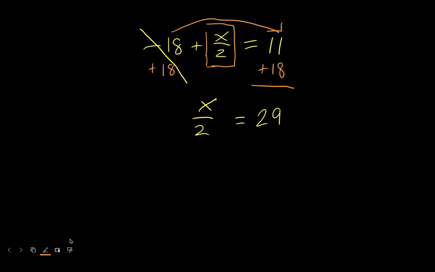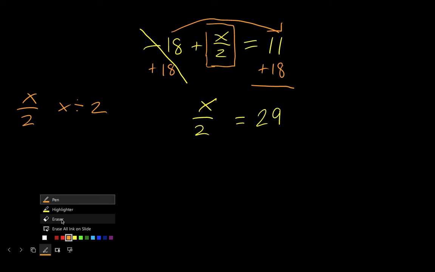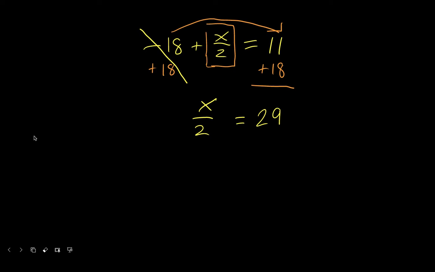The next thing we're going to do is get rid of this 2. Because if the 2 goes away, then we are just left with x. So x over 2 is division, because you can represent it as a division sign, x divided by 2. So we're going to do the opposite of division, which is multiplication.